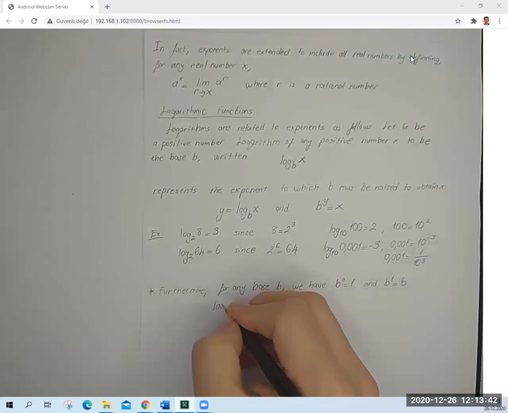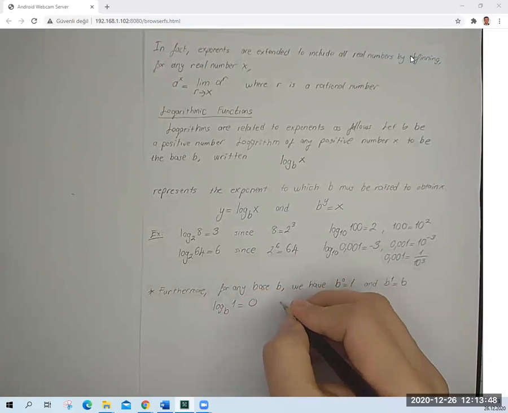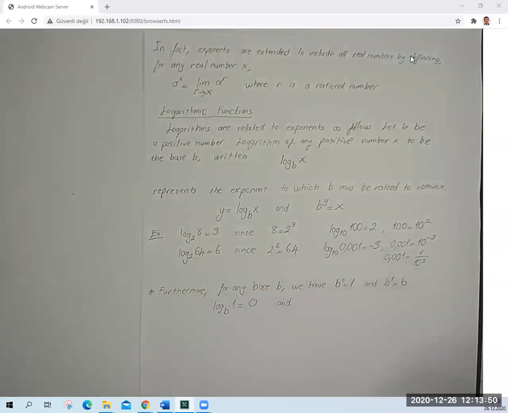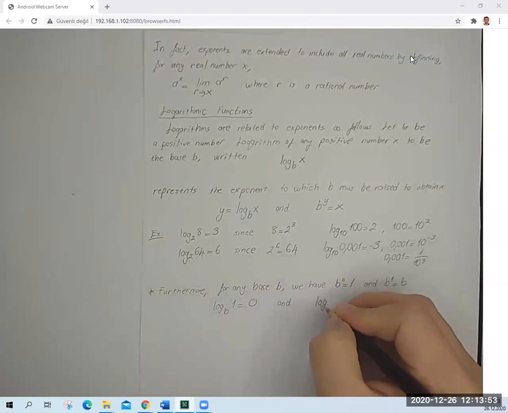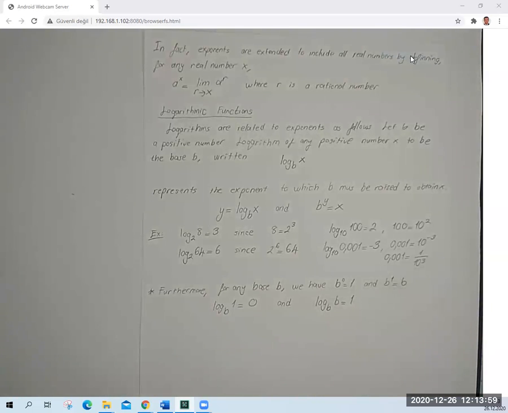So the logarithm base b of 1 is equal to 0, according to that. And also the logarithm base b of b is equal to 1. These are some trick cases for the logarithmic function.